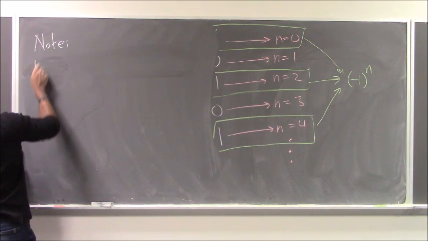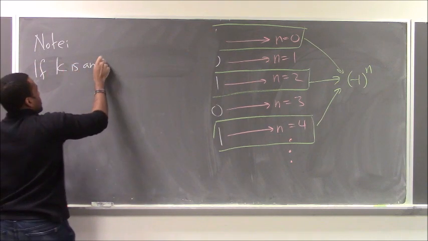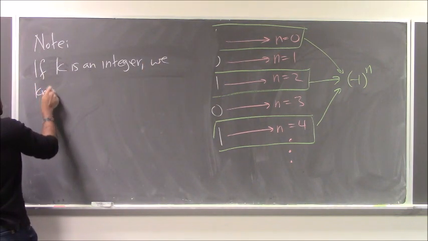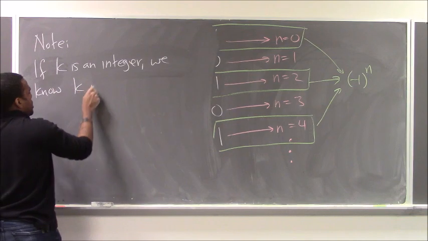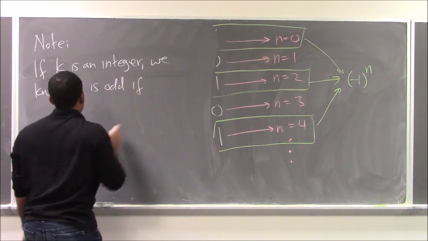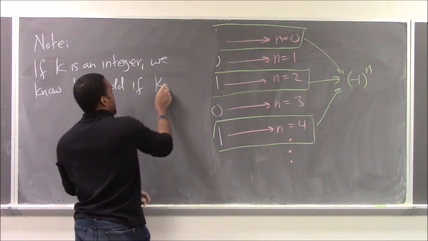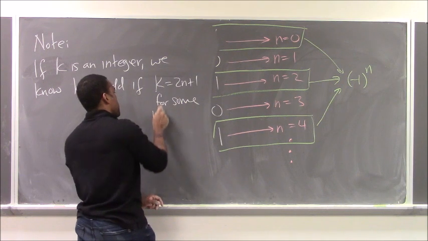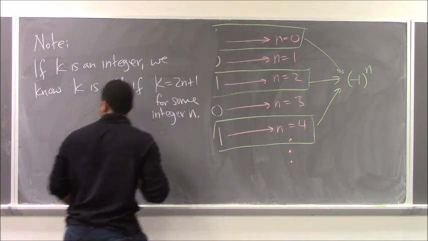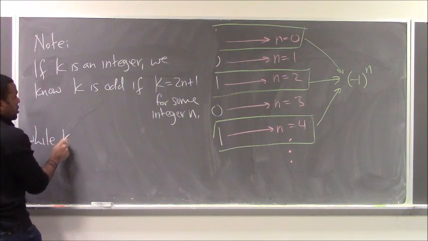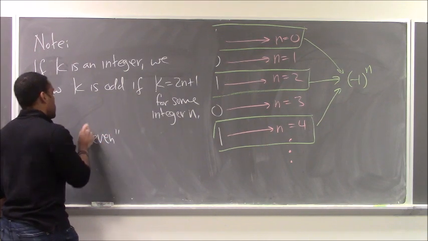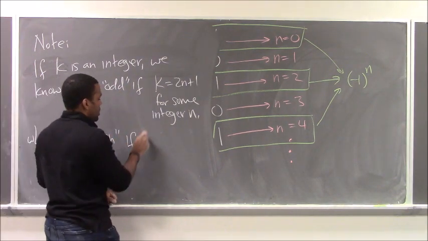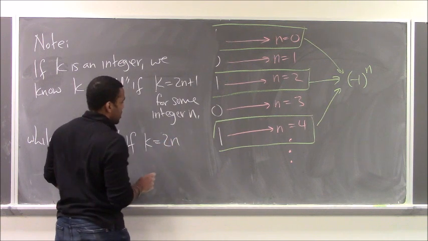Note, if k is an integer, we know k is odd if we can express k as 2n plus 1 for some integer, while k is even. So we call things odd and even by, if they look at it this way, if k equals just 2n for some integer n.